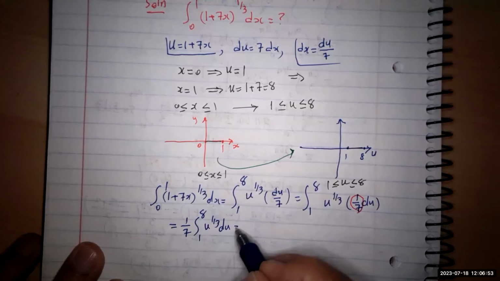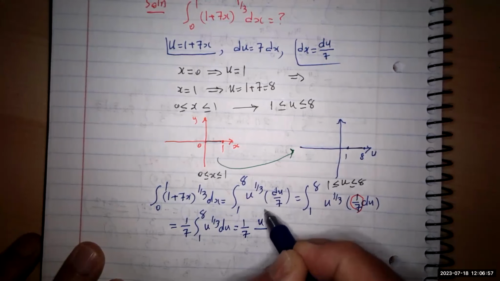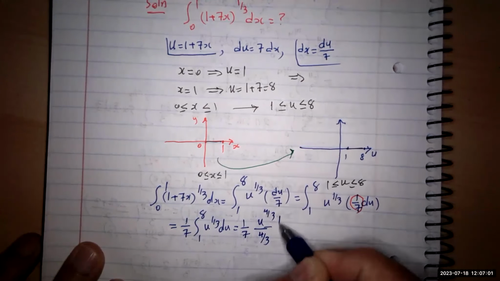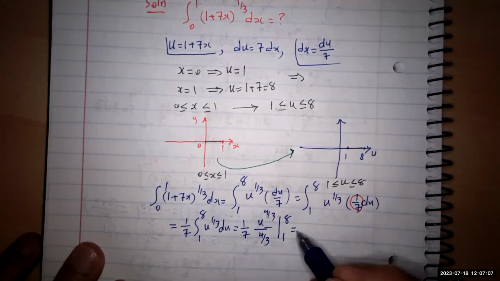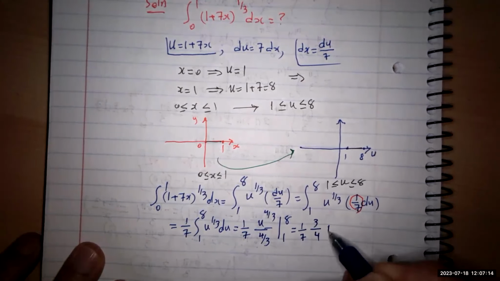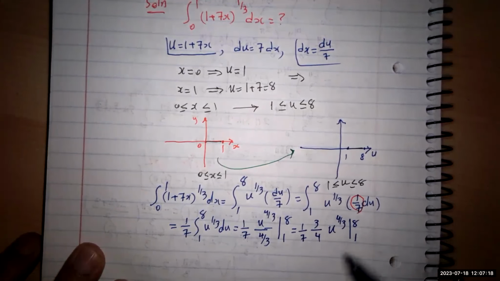Then it's going to be 1/7 times u to the 1/3 plus 1, which is 4/3, divided by 4/3, going from 1 to 8. We just use the reciprocal. Reciprocal of 4/3 would be 3/4. So it's 1/7 times 3/4 times u to the 4/3 from 1 to 8.